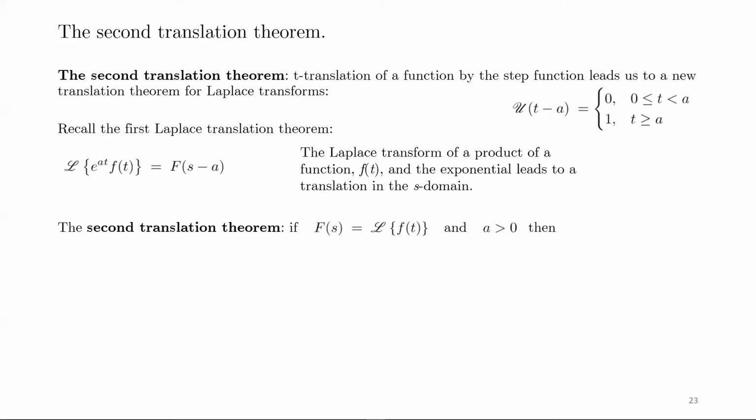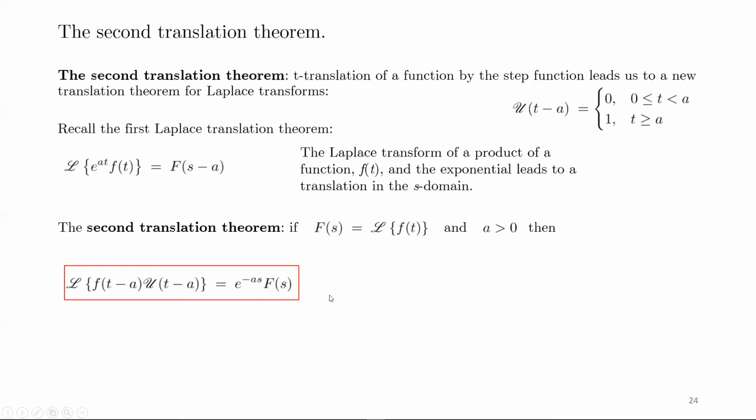The second translation theorem is as follows. F of s, we recall, is the Laplace transform of f of t, and if a is greater than 0, then the Laplace transform of f evaluated at t minus a, multiplied by the unit step function at t minus a, is equal to e to the minus a times s times f of s.